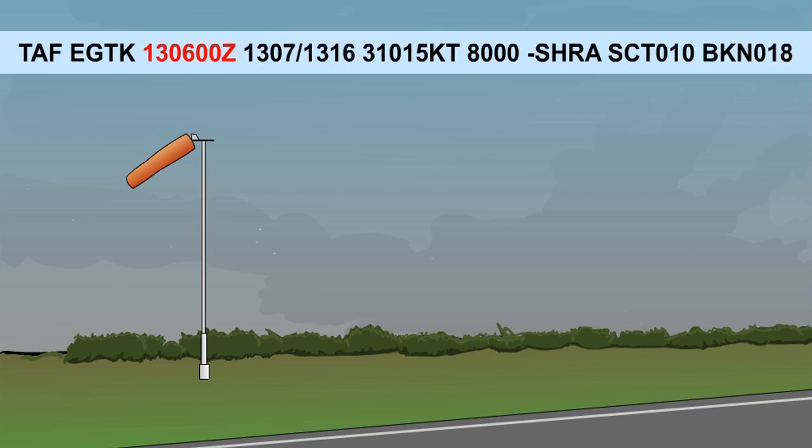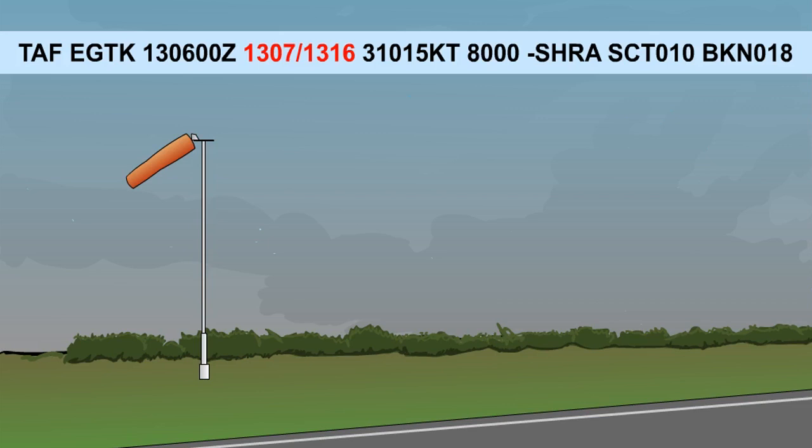The first of these time groups is the time of issue. The date first and then the time in hours and minutes in Zulu. So our example TAF was issued on the 13th at 0600 Zulu. In a TAF, the validity time comes next. This is an 8-digit group split into 2 parts.